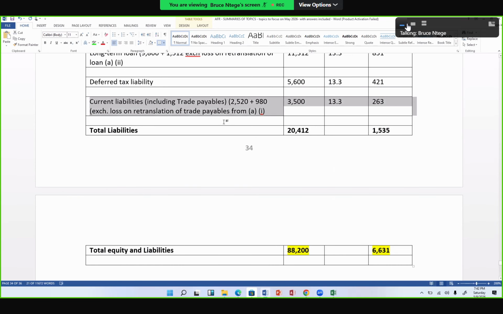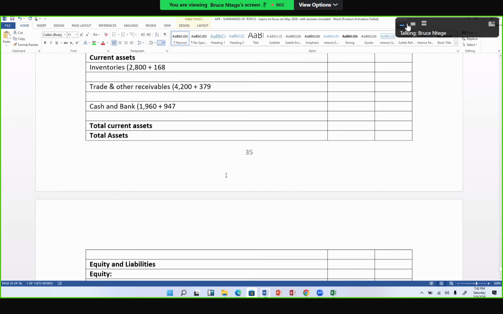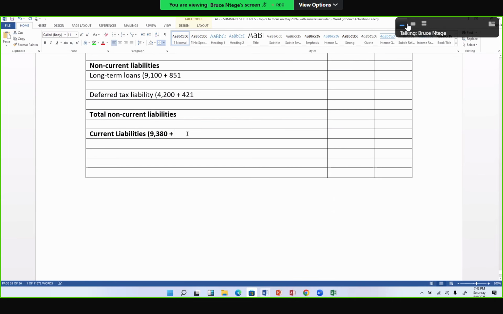The figure we translated is 263. So I'll pick the 263 and take it to the balance sheet down there. Let's go to the balance sheet, the current liabilities here. I'll put that figure there, 263.